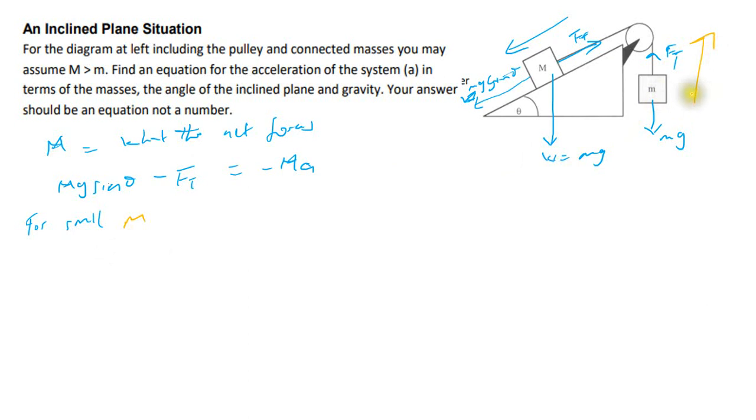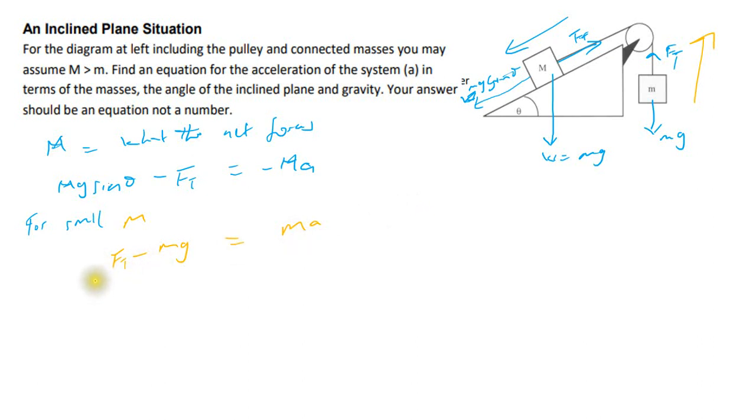We can say that Ft is the force with greater magnitude. So if we're trying to find the sum of this, we have to subtract mg from Ft, and this is equal to small m times the acceleration. The object is accelerating upwards, so it's a positive acceleration.